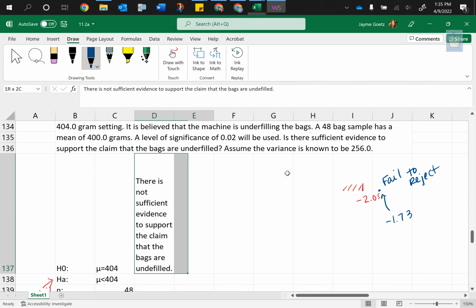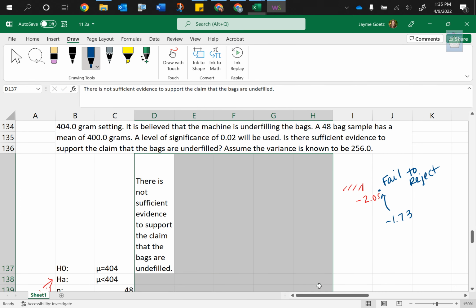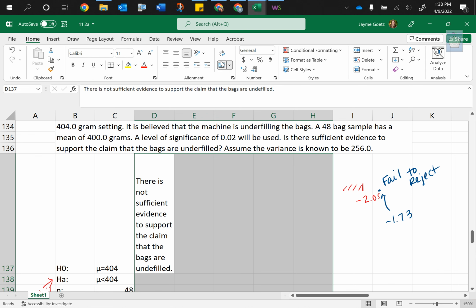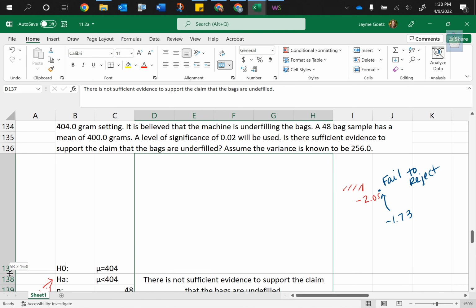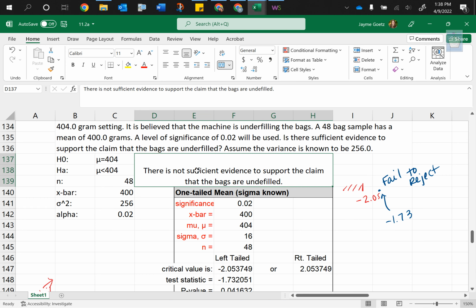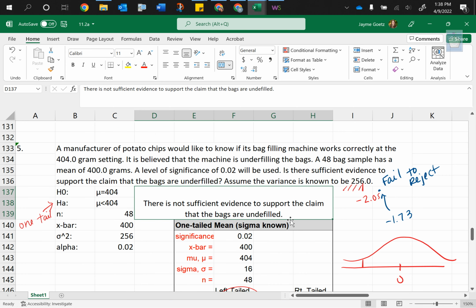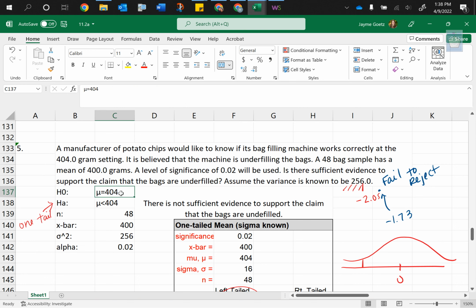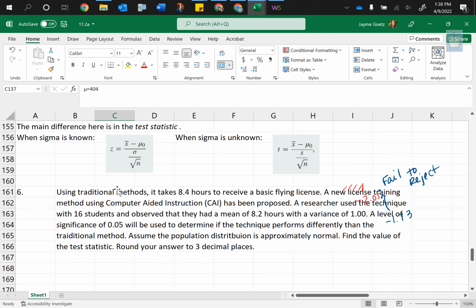So when p is high, the null must fly. When they say we fail to reject the null hypothesis, that means there's not enough evidence to say that they are underfilled. All right, let's go to the next part.